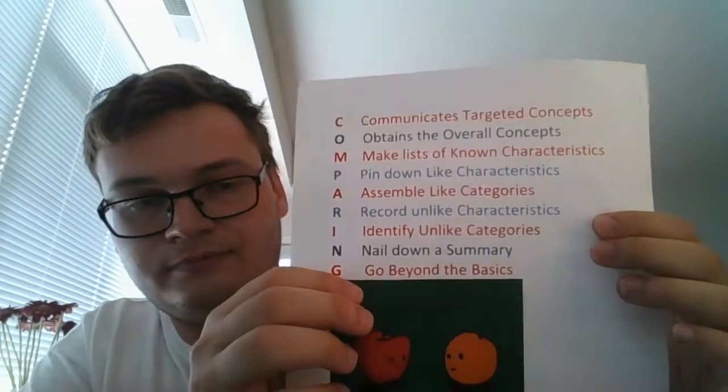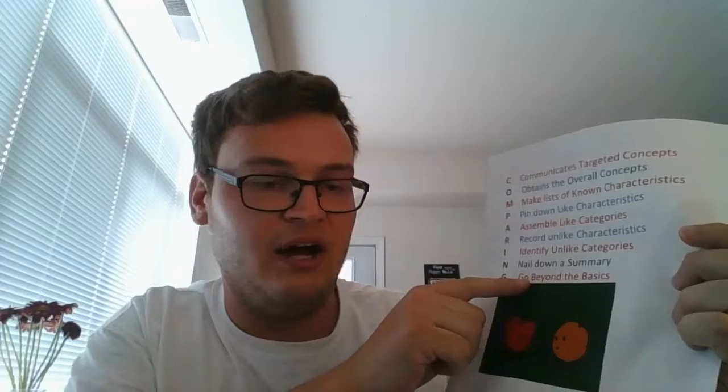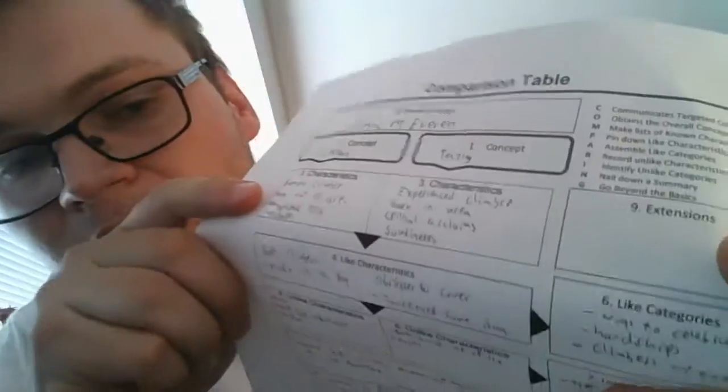Okay? And so now that I nailed down a summary, I need to go beyond the basics. I'm going to fold this right here so you can see it a little bit better. Go beyond the basics. What you are doing for going beyond the basics is trying to dig deeper.